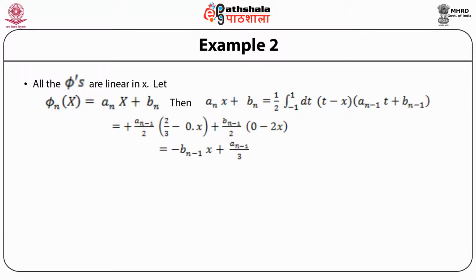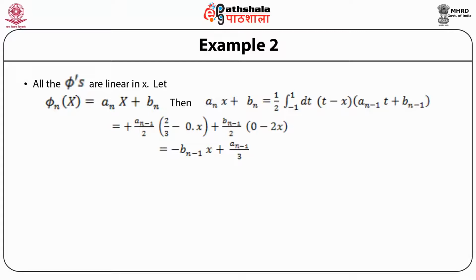Then a_n x plus b_n is equal to half times the integral from minus 1 to 1 dt of (t minus x) a_{n-1} t plus b_{n-1}, which can be evaluated.